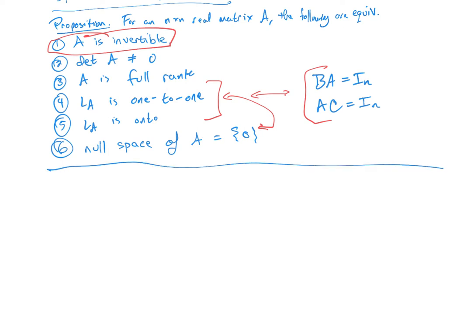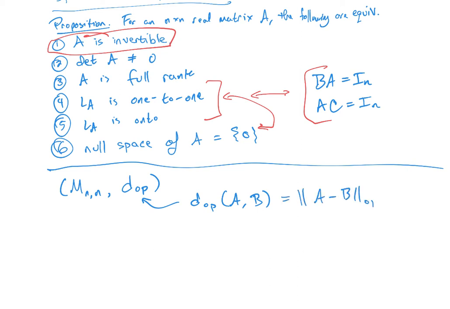So we could look at the n by n matrices with the operator metric between A and H, which is the metric induced by the operator norm, so it's the operator norm of the difference. This is a metric space.